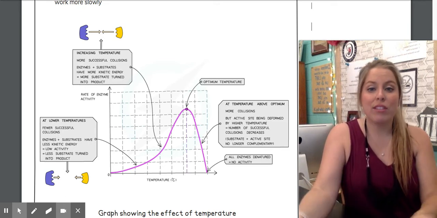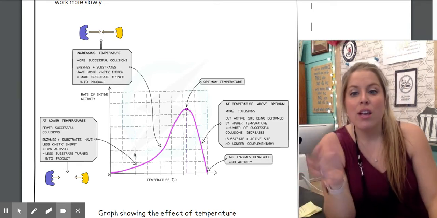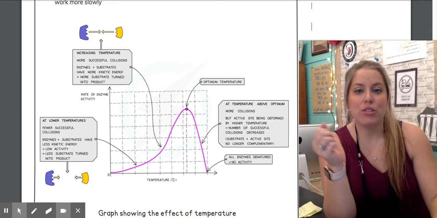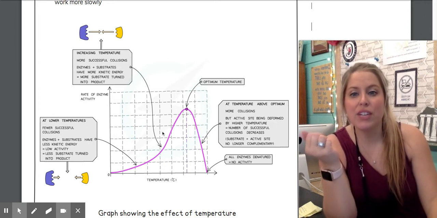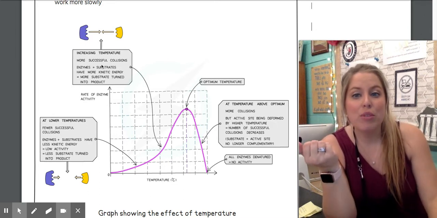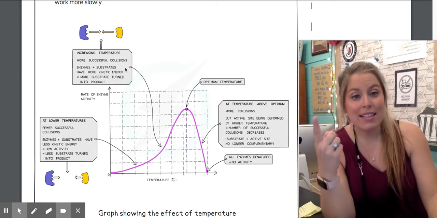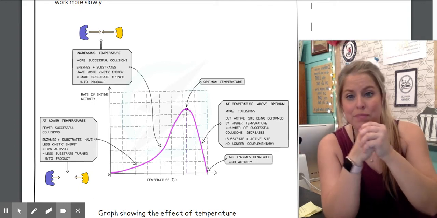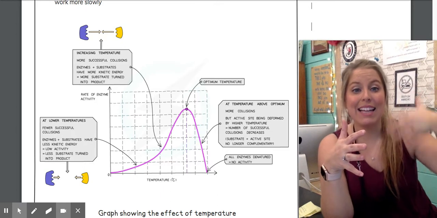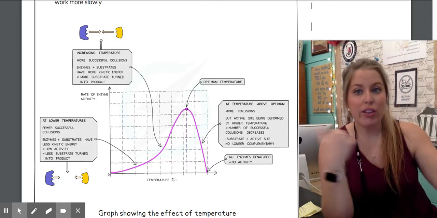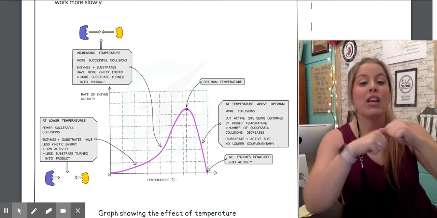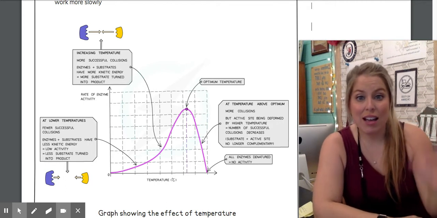So when we have low temperatures, there's less movement, so not as much collision is going to occur. But as temperature increases, we are going to have more successful collisions. Enzymes and substrates will meet. And ultimately, as that kinetic energy that causes all of that random movement increases, the rate of reaction for the enzyme is going to increase.